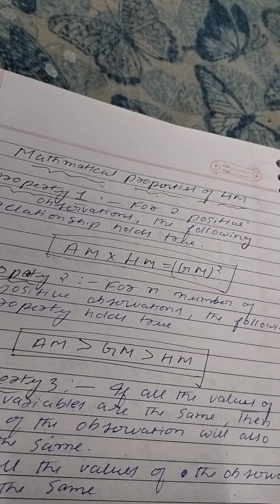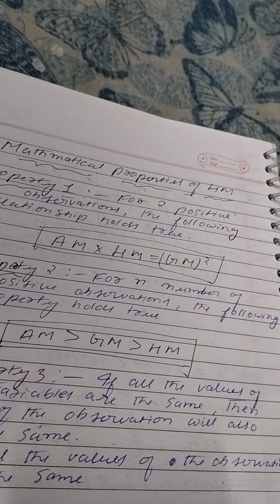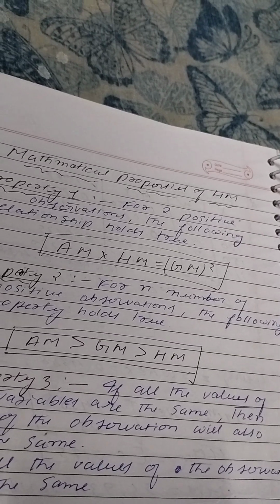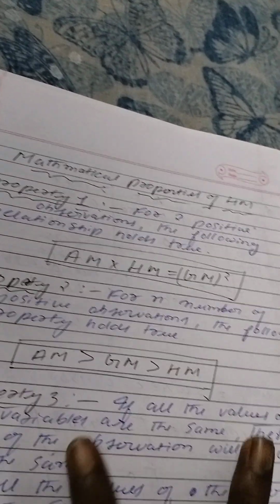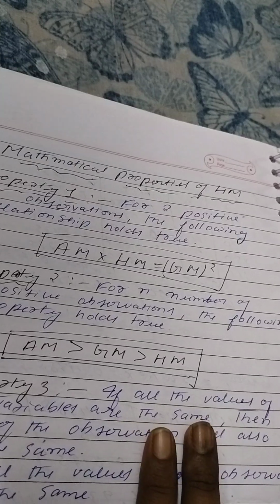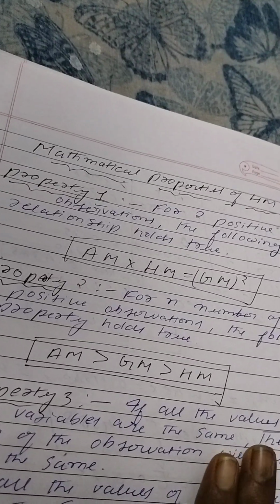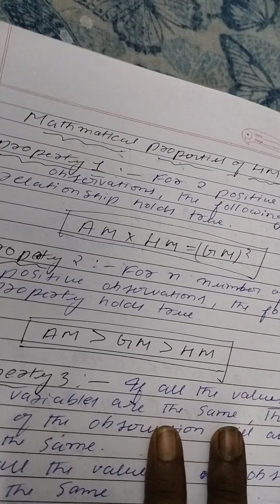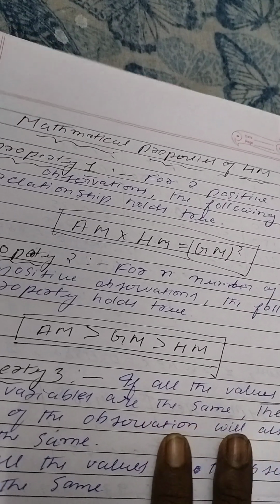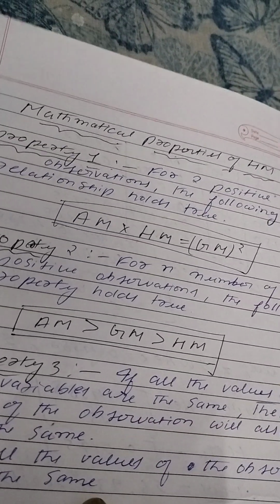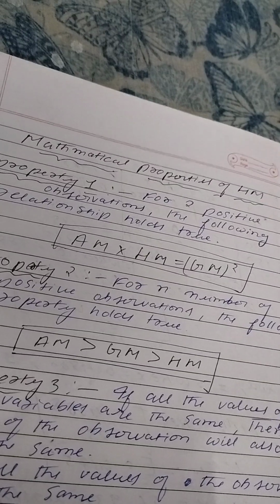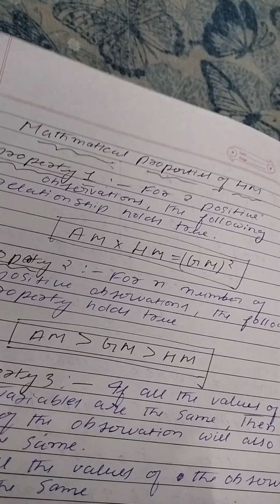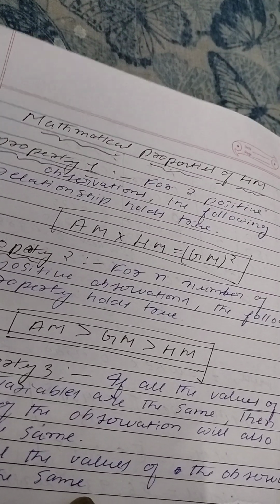AM multiplied by HM is equal to the square of the GM. So for two positive observations the relationship holds true, and this is the square of the geometric mean. So this is property 1.